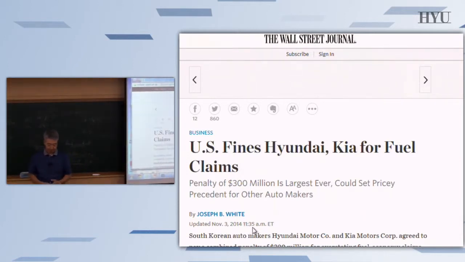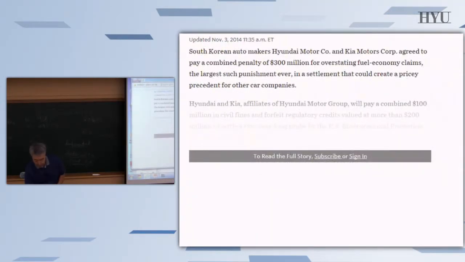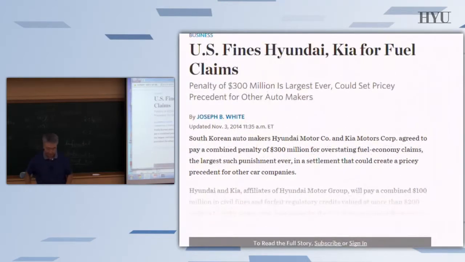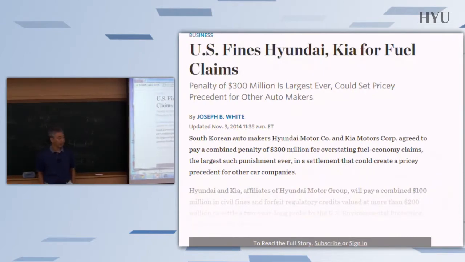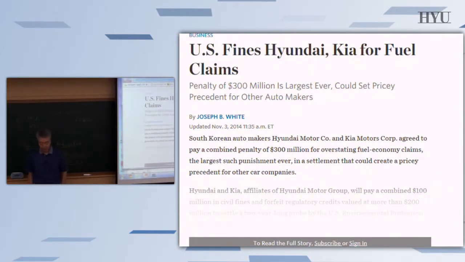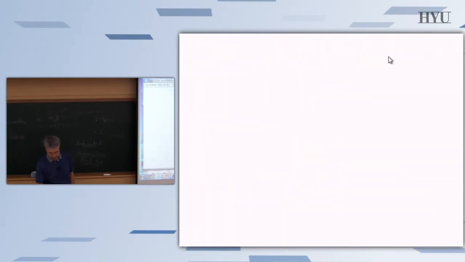The story is that Hyundai and Kia Motors in the United States have been found guilty of overstating the fuel efficiency of their cars. So the U.S. government has slapped a fine of $300 million on this company. Actually, Hyundai and Kia are one company, right? That's the story here.